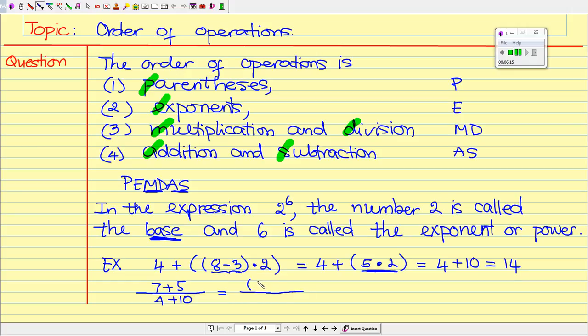So I'm going to go ahead and insert parentheses to the numerator, 7 plus 5, this sum inside the parentheses, and then we do the same thing to the denominator, 4 plus 10. So now you will take care of parentheses first. So 7 plus 5 will be 12, 4 plus 10 will be 14. Now we are going to reduce this fraction, so we are going to go ahead and divide both numerator, which is 12, and denominator, which is 14 by 2. And that will give us 6 over 7.